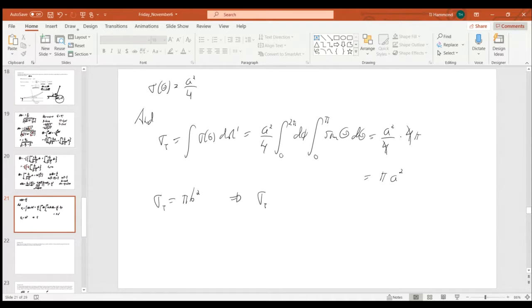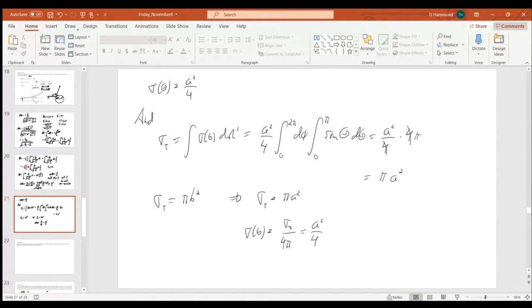So this tells us that for our case here, we have pi a squared. And so the differential scattering cross section is going to be this total scattering cross section spread into all 4 pi steradians. And so that is a squared divided by 4.